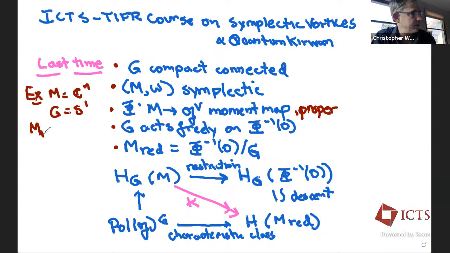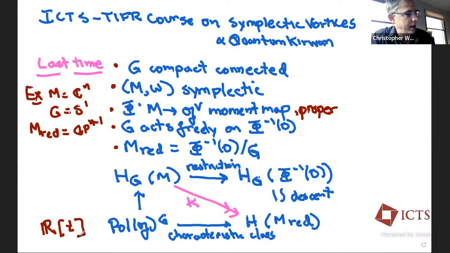And so then M red is CP^(n-1), complex projective space. And so what are each of the terms in the diagram in this case? Well, the G-invariant polynomials on G: G is just acting trivially on the algebra in this case because the group is abelian. So this is a polynomial ring in a single variable.